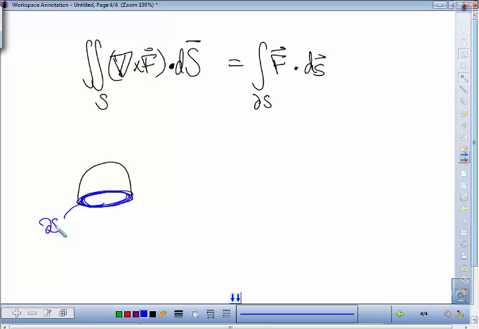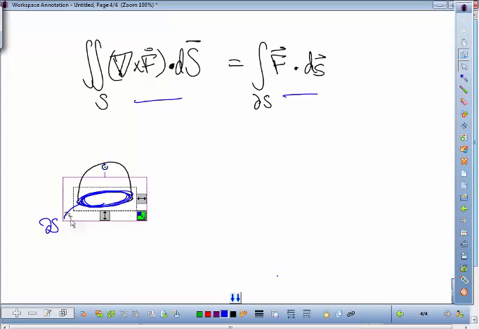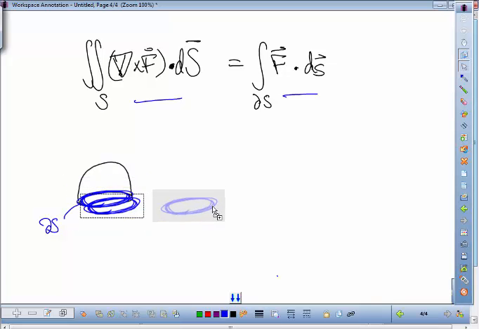It's the boundary of S, right? Now, if this statement is true, I can keep that same boundary and I can change my surface.